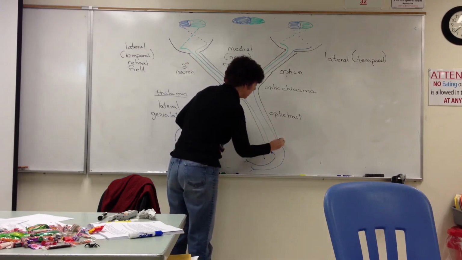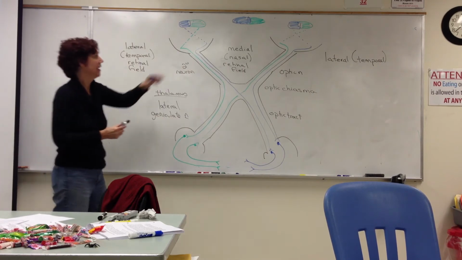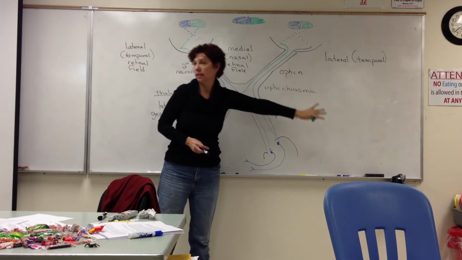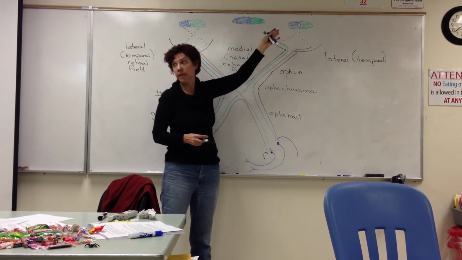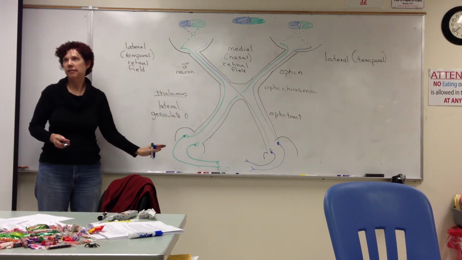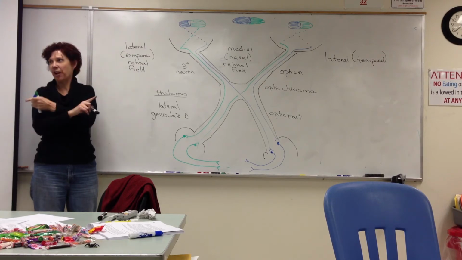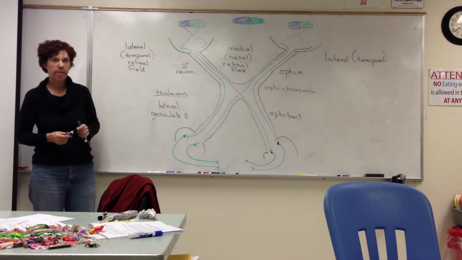Notice what happened to my visual field. The left half of the image is being processed on the right side of the brain, and the right side of the image is being processed on the left side of the brain, even though only half of my second order neurons crossed. The processing of the entire image has crossed. Okay?